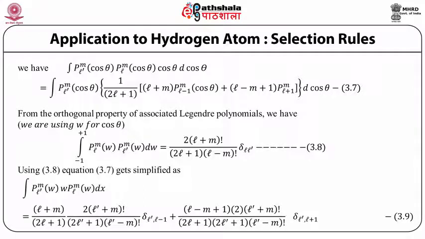Using 3.8, equation 3.7 gets simplified as the integral of P_l'^m(w) times P_l^m is equal to (l+m) 2 (l'+m)! divided by (2l+1)(2l'+1)(l'-m)! times delta of l' and l-1, plus (l-m+1) 2 (l'+m)! divided by (2l+1)(2l'+1)(l'-m)! times delta of l' and l+1.